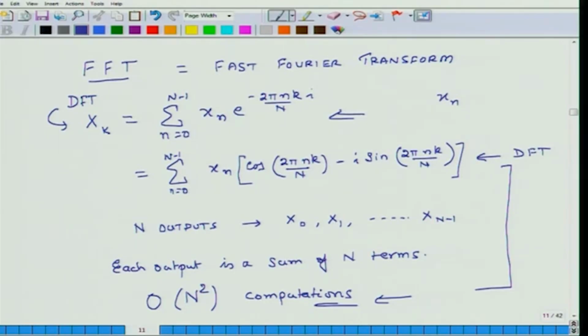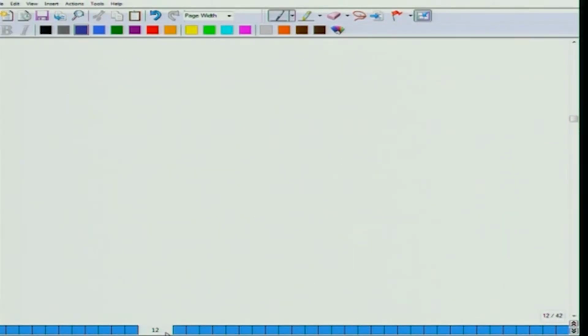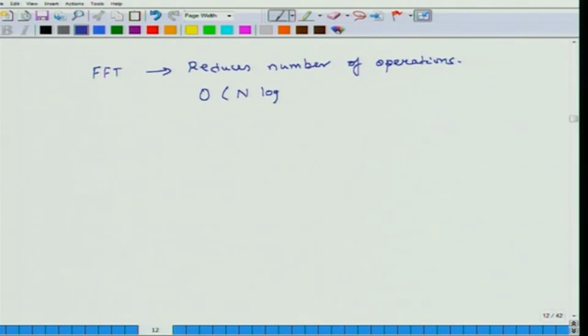This is the FFT because it is faster. FFT reduces the number of operations, and typically the order of the computations is not N square, but something like N log of N. If it is closer to this, then you say, oh, it's fast Fourier transform.